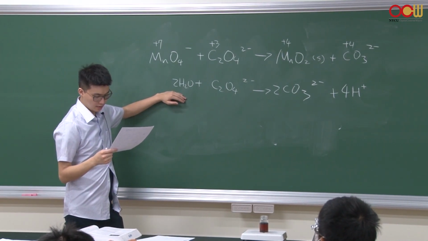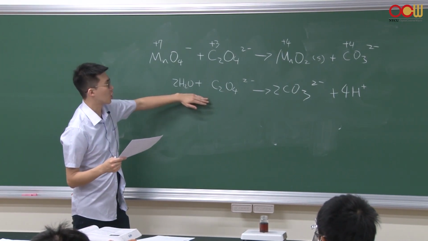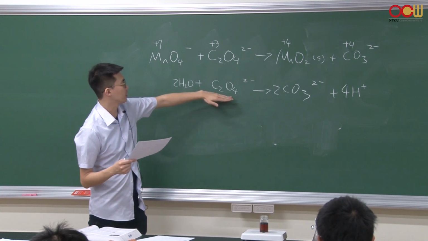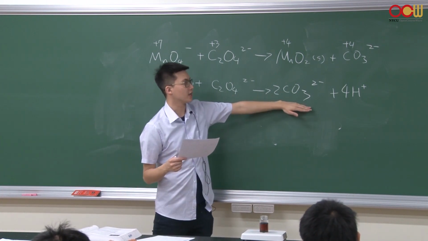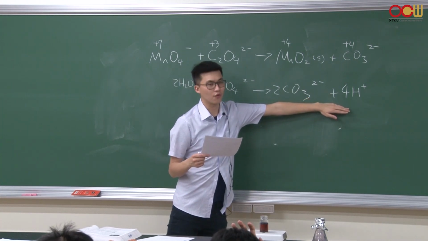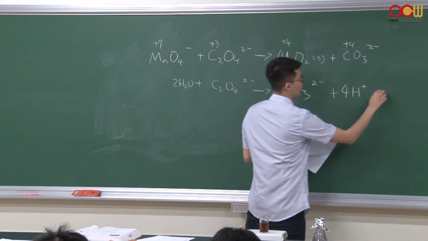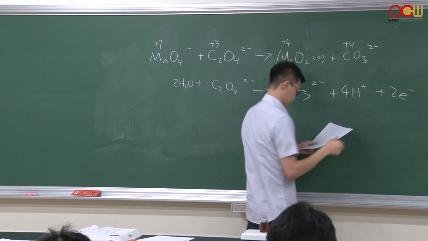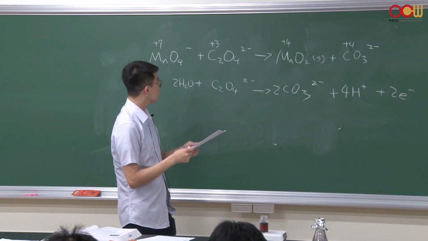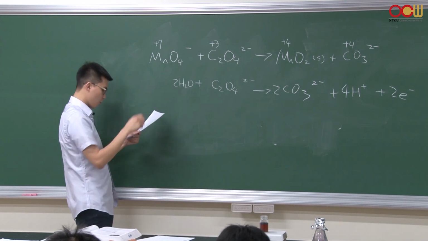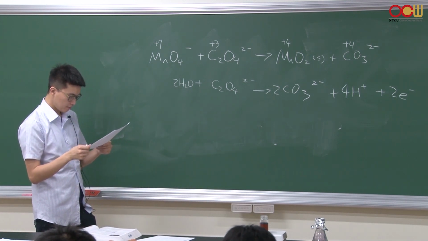Then I will check whether the charge is balanced. Okay, here's -2, but here's -4, +4, okay? So I need it to be -2, so I add 2 electrons here. And same for MnO4, the permanganate.